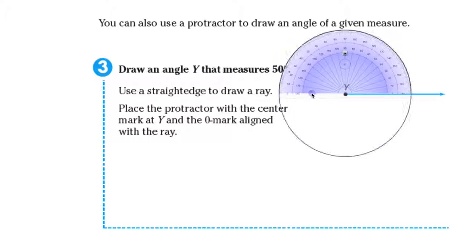Okay. Then place the protractor with the center mark at Y and align the 0 mark with the ray, and that's what we find here. So this is our ray. The 0 mark will be inside, and we want to find 50 degrees.